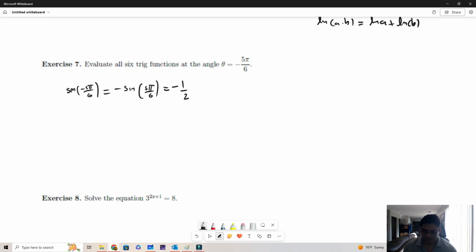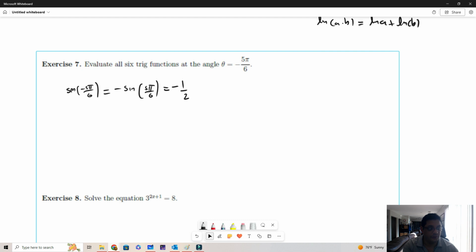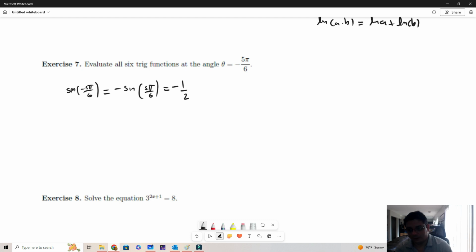Now, the cosine is going to be square root of 3 over 2. The cosine of a negative is the same as the cosine of a positive, so it doesn't matter. This is 5 pi over 6, and this is square root of 3 over 2.